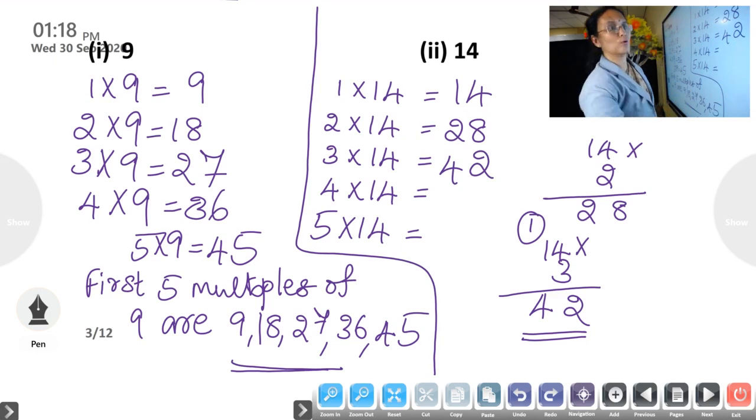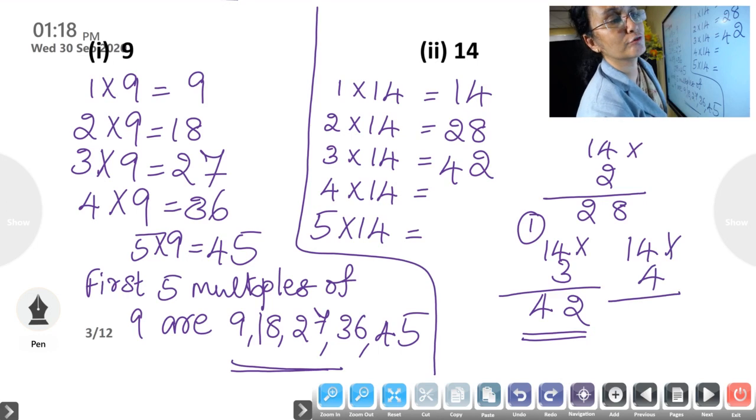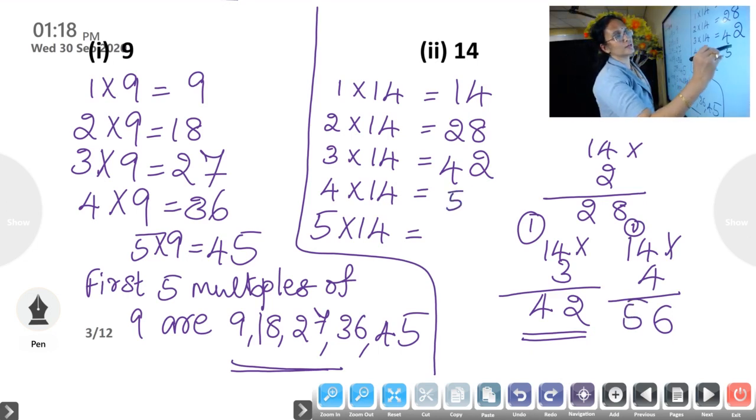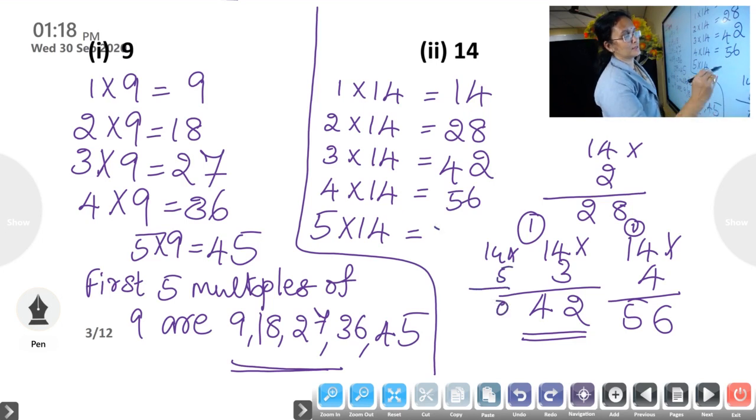Then 14 into 4. 4 into 4, 16. Carry over is 1. 1 into 4, 4 plus 1, 5. 56. Okay, so that is 56. And 14 into 5 will give you what? 70.